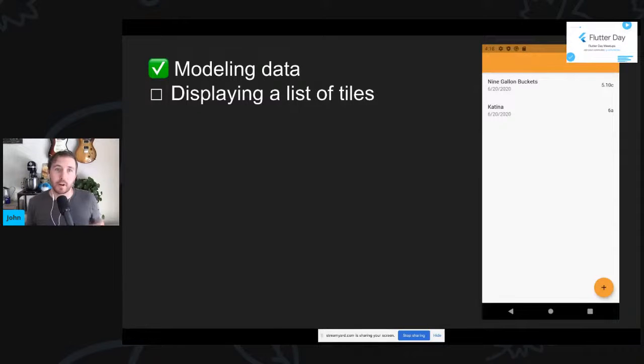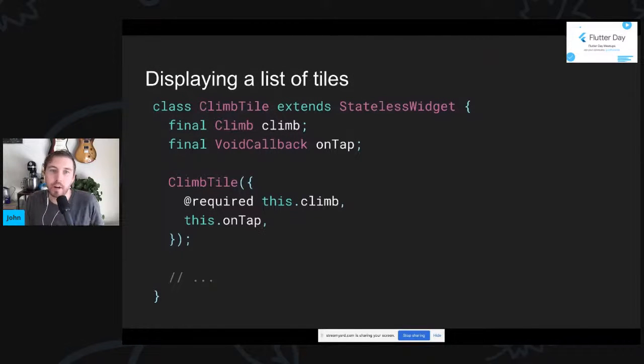And that's it. So we've got our climb and our grades, and we've got those classes written, maybe written some tests for those. So we're ready to get started displaying a list of tiles before we edit and add these using a form. So to do this, what I did is I wrote a stateless widget that takes a climb object that we just saw, and it has an on tap.